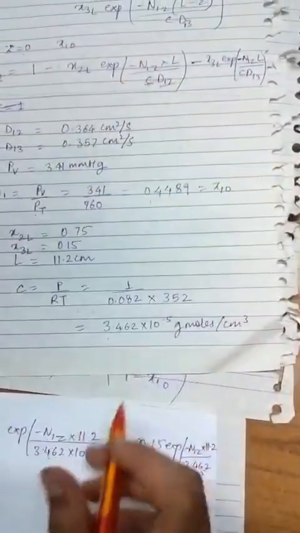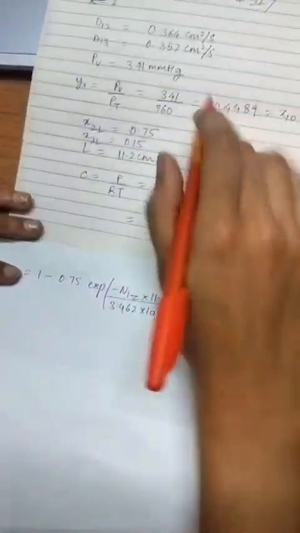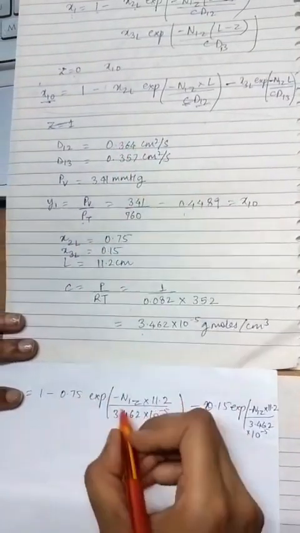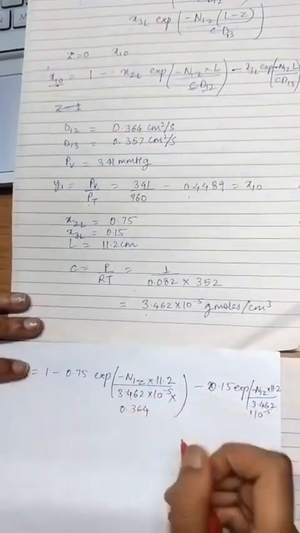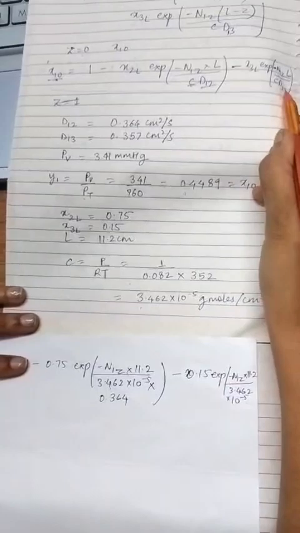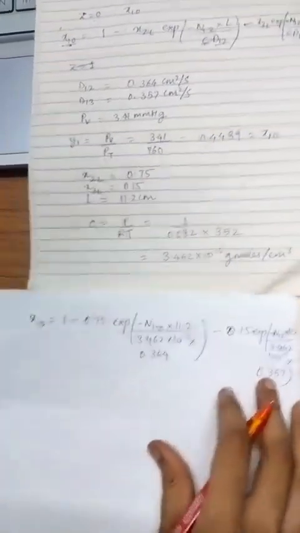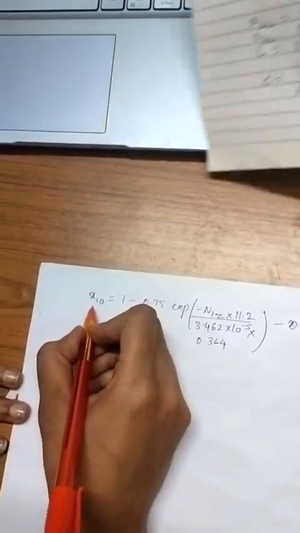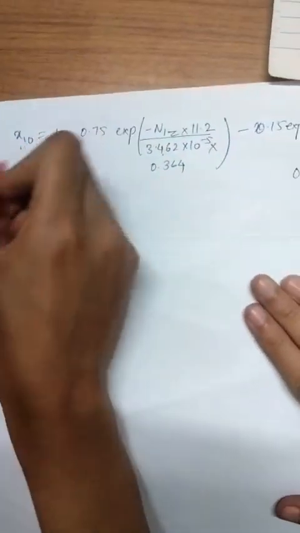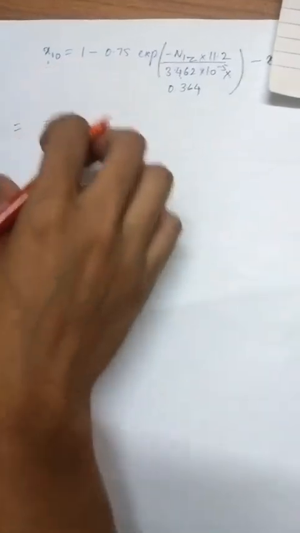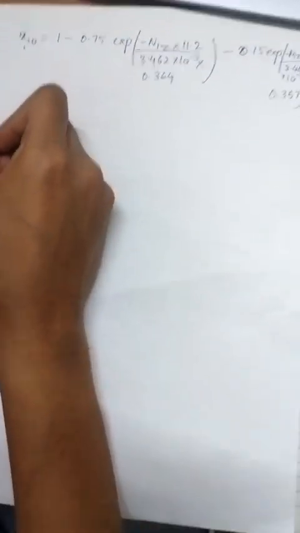Here a term d12 is also to be multiplied, I forgot, into d12, which is 0.364. Here also d13, which is your 0.357. And your x1 naught is 0.449.